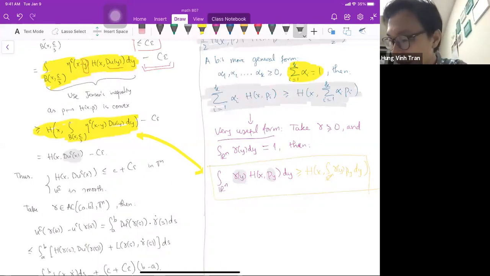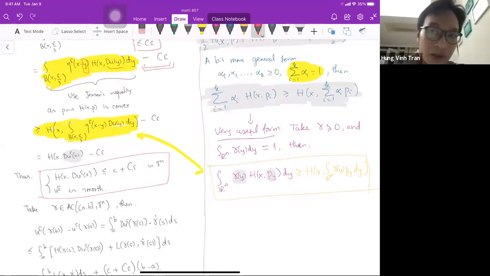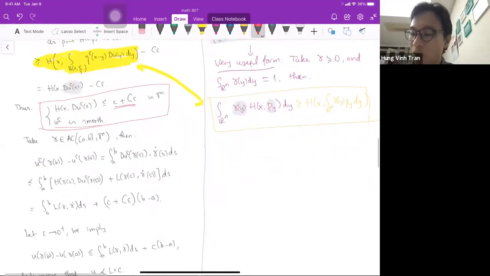At the end of the day, after this approximation step, we have h(x, Du^epsilon(x)) less than or equal to C plus C epsilon. This is not quite C, but approximately C. And u^epsilon is now smooth, so you can do the normal computations.